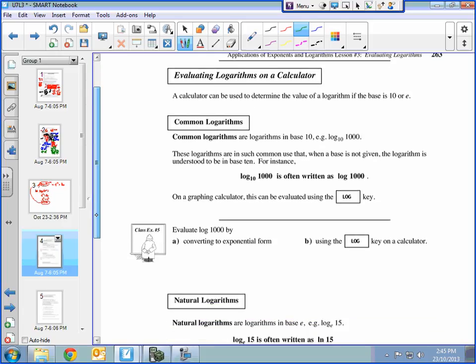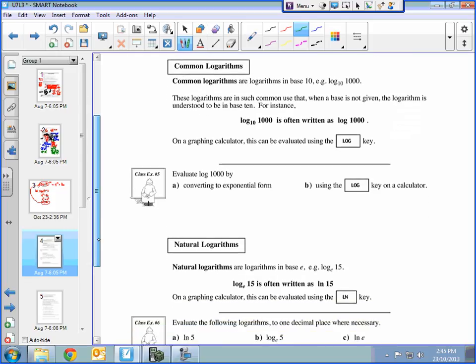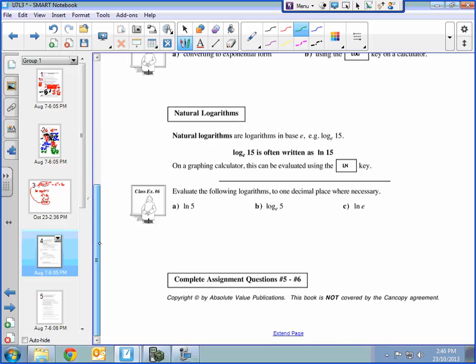Okay, so we've been doing this the entire time on our calculator, so this shouldn't be too bad. Common logs, you know that if you just go log of whatever, your base will be 10. I'm not going to go over logging on a calculator; we've already been doing this all class. Natural logs, your base is e.